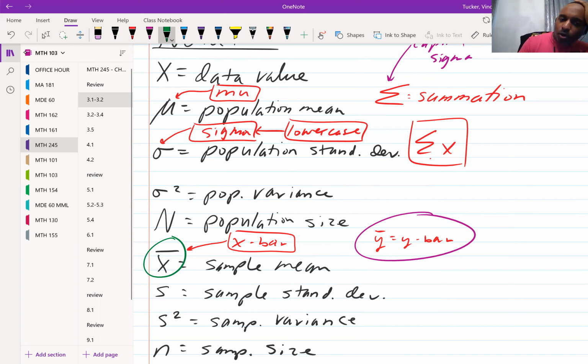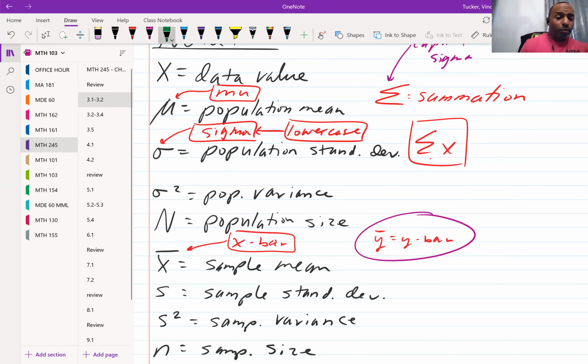Any letter with a bar over it will be that letter bar, just like I wrote right here, Y bar, that's Y with the bar over it. X bar is your sample mean. Regular lowercase S is our sample standard deviation. S squared is our sample variance. And lowercase n is your sample size.